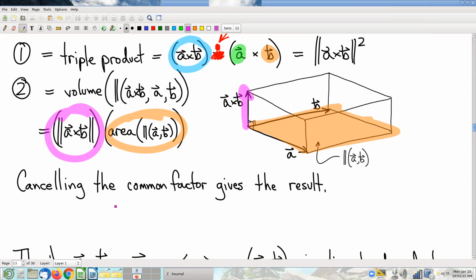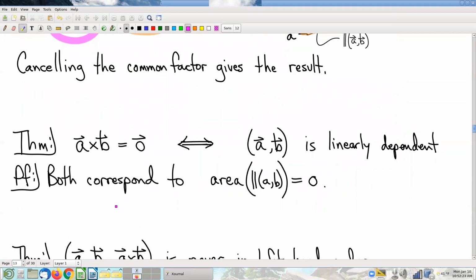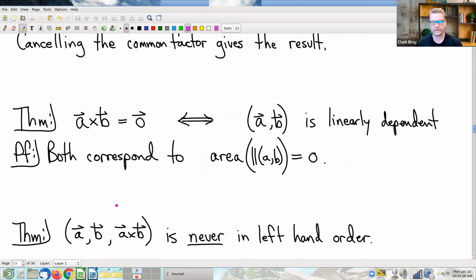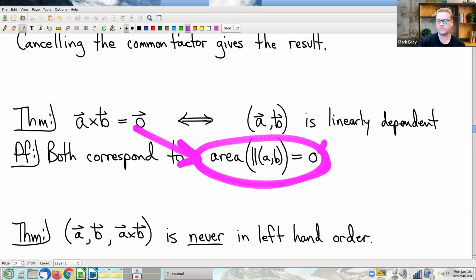Okay, so there's just a bunch more facts that we can show. Neat fact: when the cross product is 0, that means that the pair of vectors is dependent. And this one is actually kind of an immediate consequence of the one above. Both of these statements are equivalent to saying that the area is equal to 0.